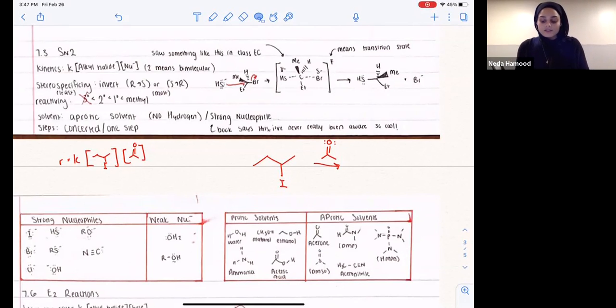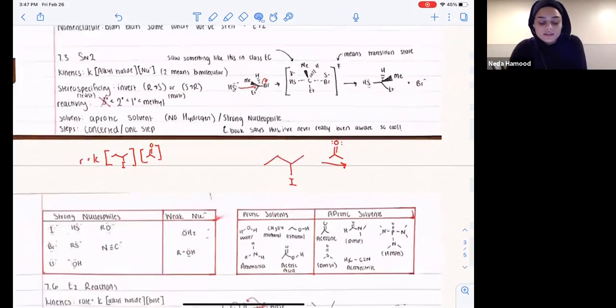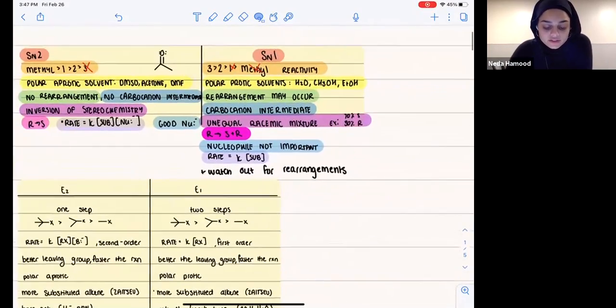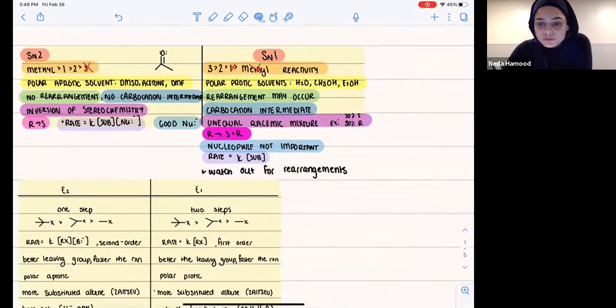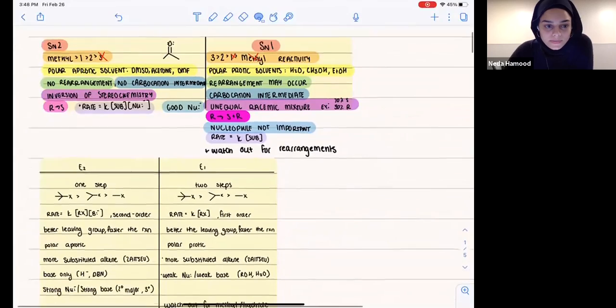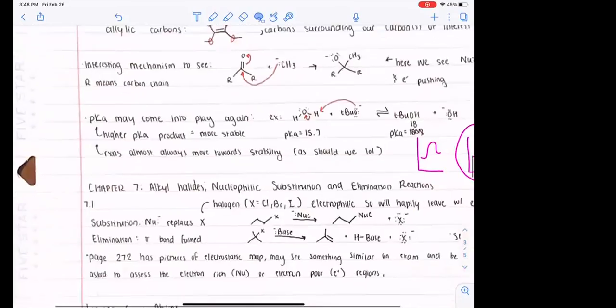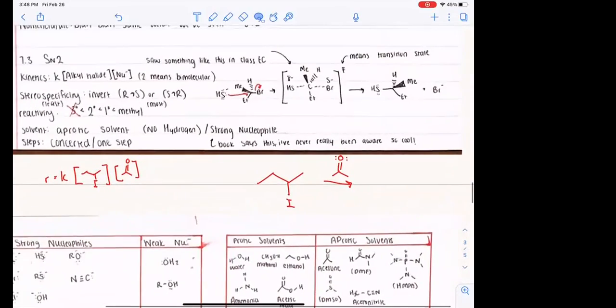Somebody said Sn2 and E2 are aprotic, Sn1 and E1 are protic. Let me scroll up and see what I have here. Sn1 I have as protic. What did I just put in this reaction? If it's protic, would it be Sn1?